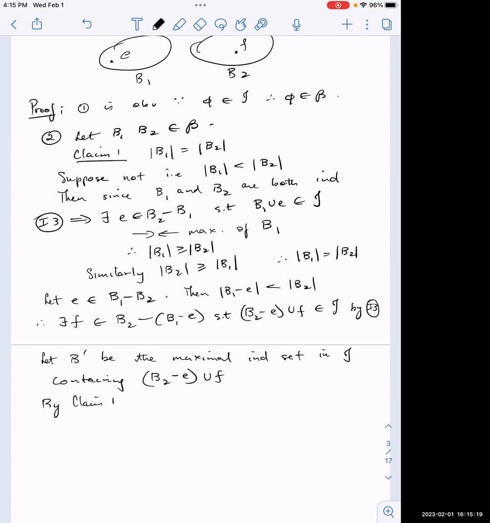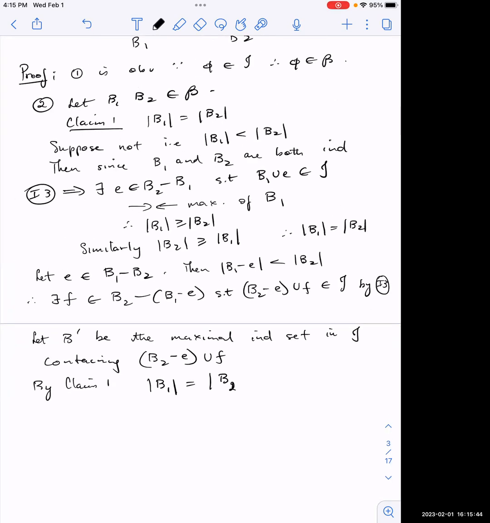By claim 1, B dash has to be equal in size to B1. Where are we? I'm missing a subscript here. This should be B1. Yeah. Okay.